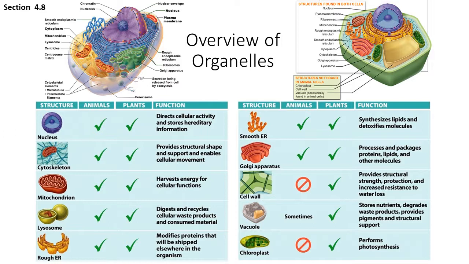Lysosomes, which digest and recycle cellular waste products and consume material. Rough endoplasmic reticulum, which modifies proteins that will be shipped elsewhere. Smooth ER, that synthesizes and detoxifies molecules. Golgi apparatus, which processes and packages proteins, lipids, and other molecules.